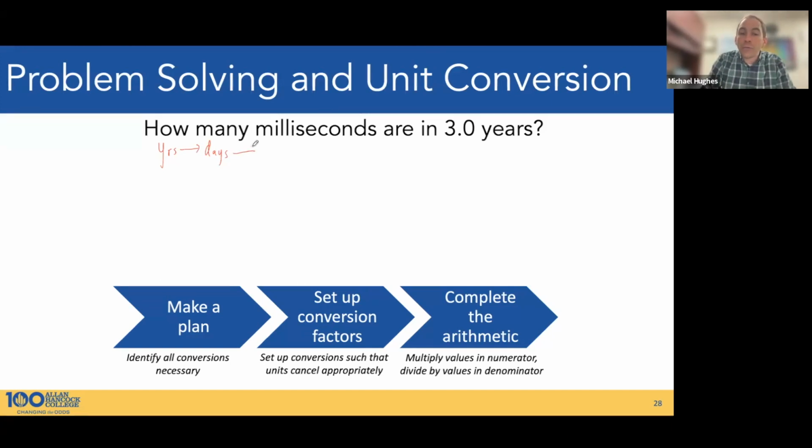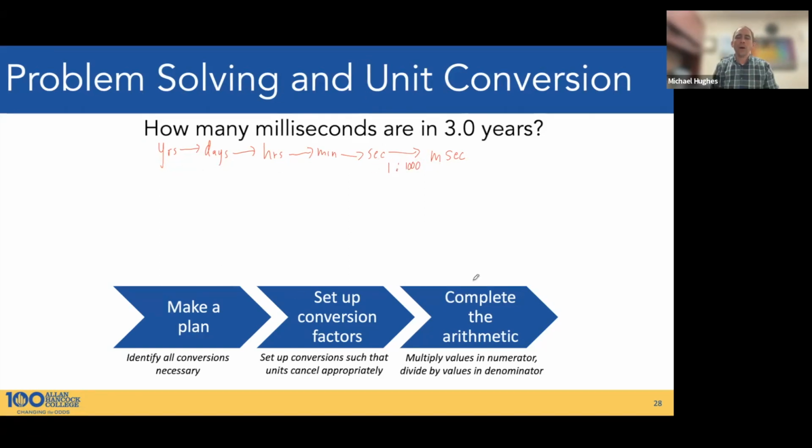And I could go from days, I could break it down, I know hours, and then I could go from hours to minutes and minutes to seconds. And then I can go from seconds to milliseconds, because there is 1,000 milliseconds in 1 second. And I think the rest of these we can probably figure out.